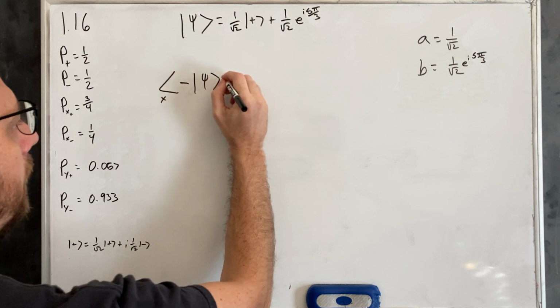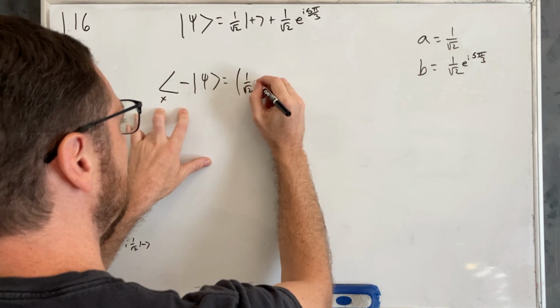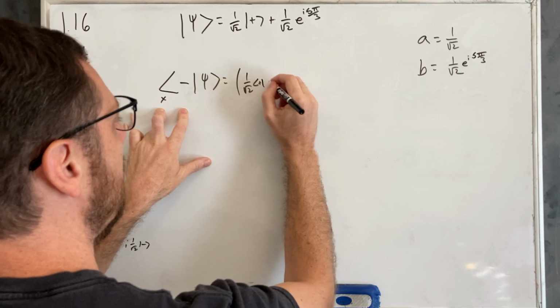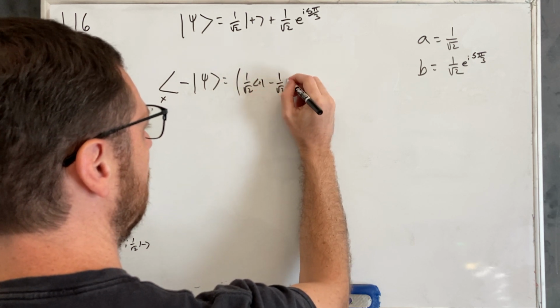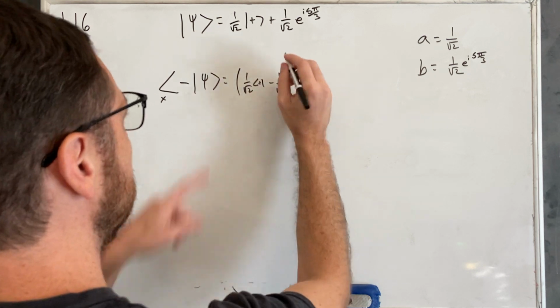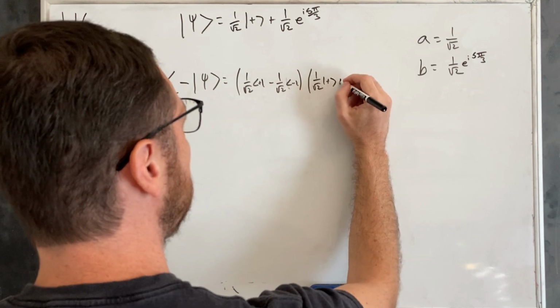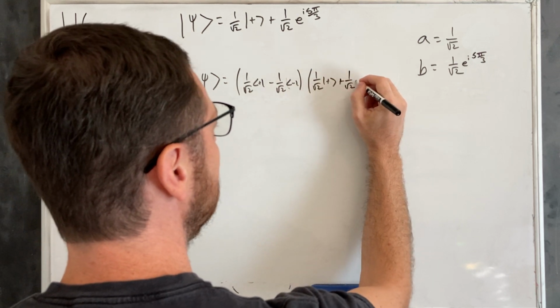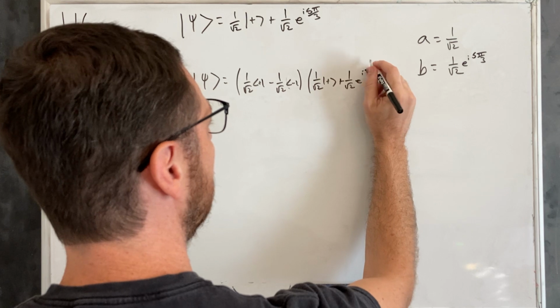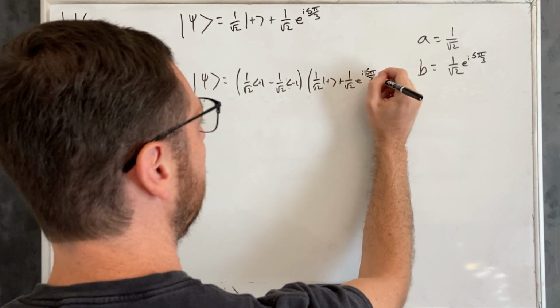Our state here, and that's going to be x in the down direction is going to be 1 over root 2 up minus 1 over root 2 down. Then our state right here, 1 over root 2 up plus 1 over root 2 e to the I 5 pi over 3.